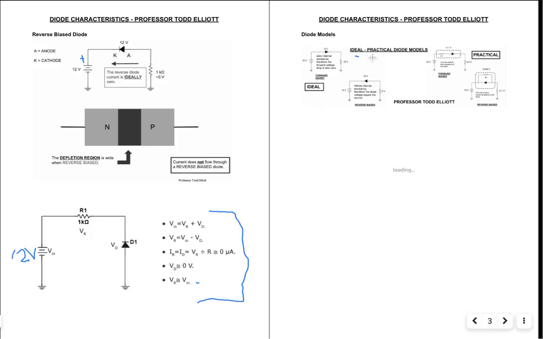But because of the internal dynamic resistance, R prime D, there is a little bit of voltage drop internally, and that accounts for that 0.7 volts drop.